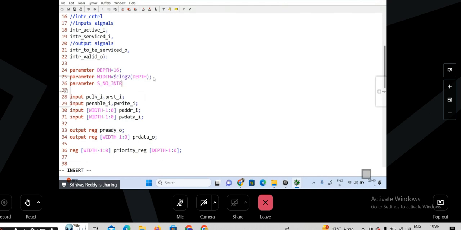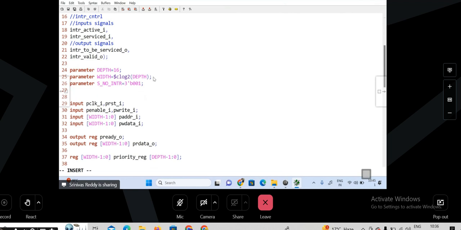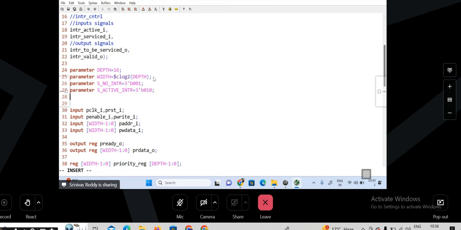Next, what is the output? Let us write it here. Output reg interrupt to be serviced. Is it vector or scalar? Vector. Vector of what width?